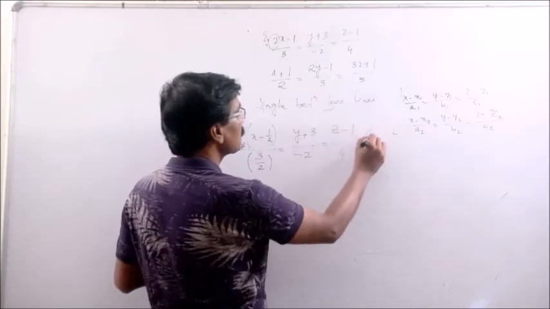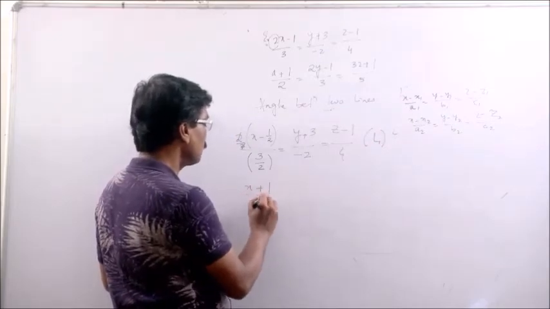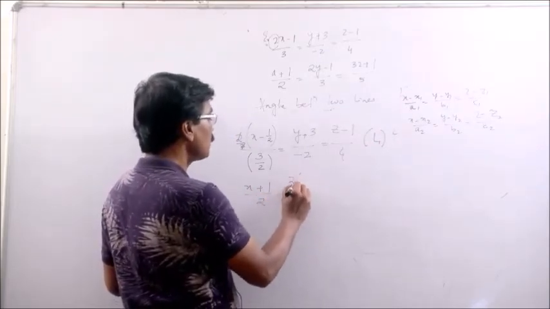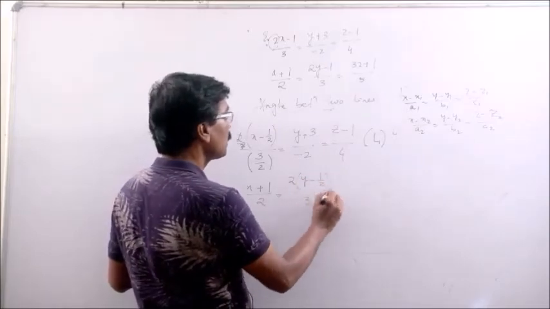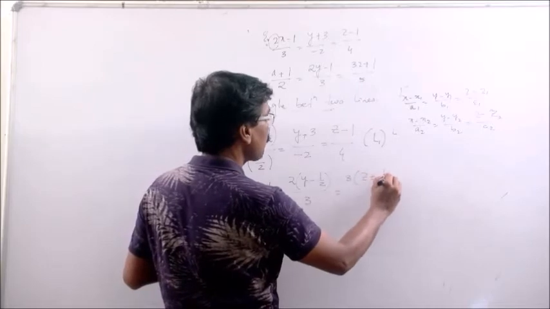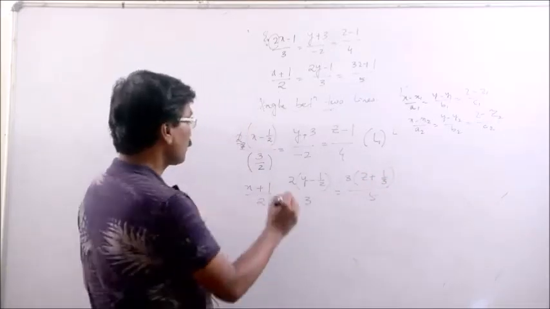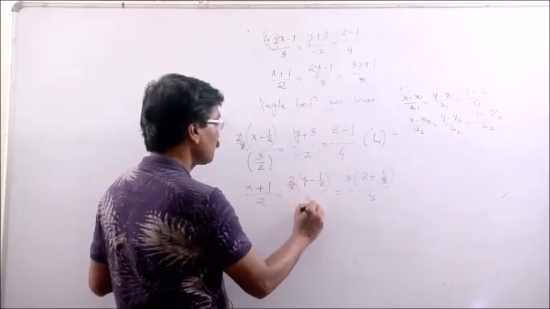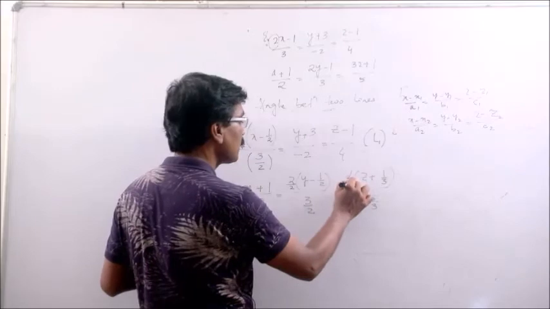Similarly, this is line 1, and line 2 will be (x plus 1) by 2 is equal to 2 into (y minus half) divided by 3 is equal to 3 into (z plus 1 by 3) divided by 5. So, in the first part we divide by 2 and 3 such that their coefficient is 1.